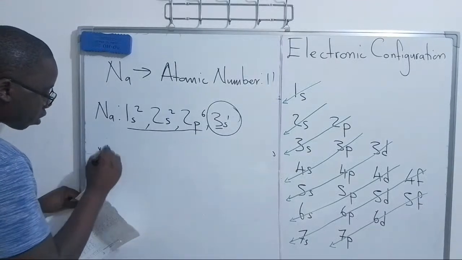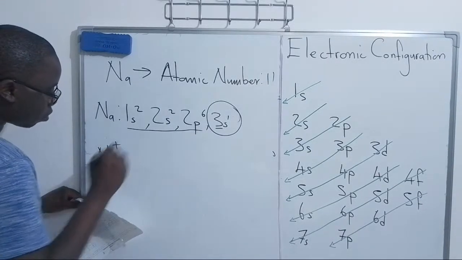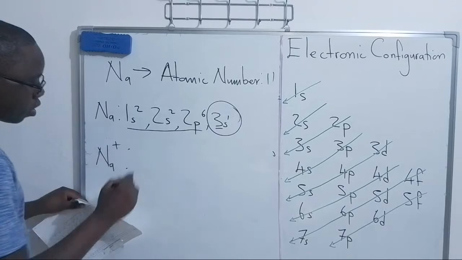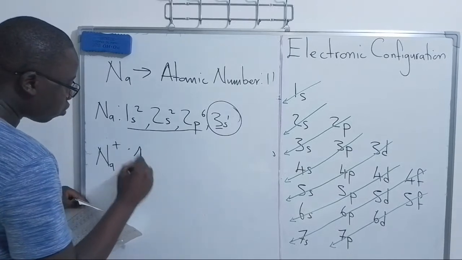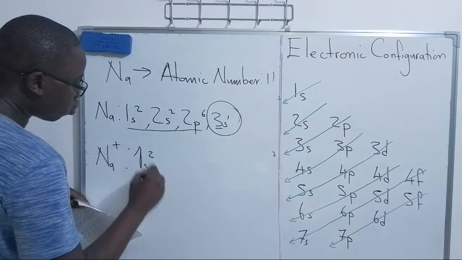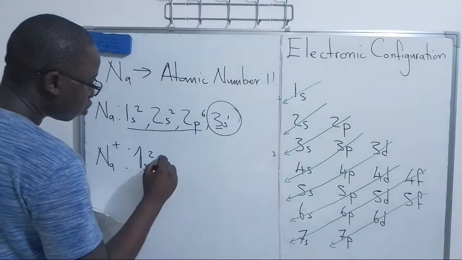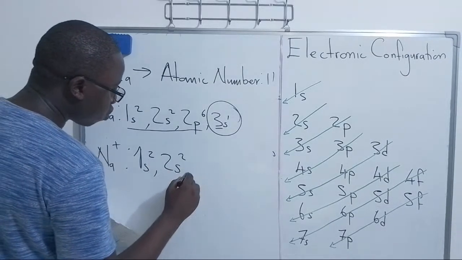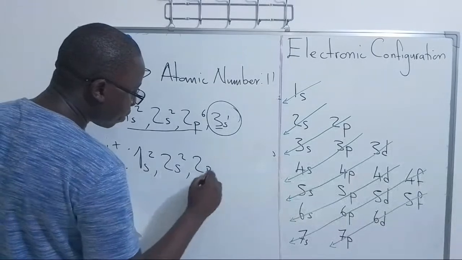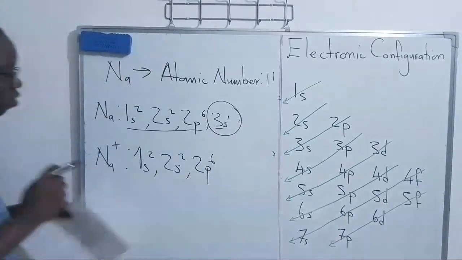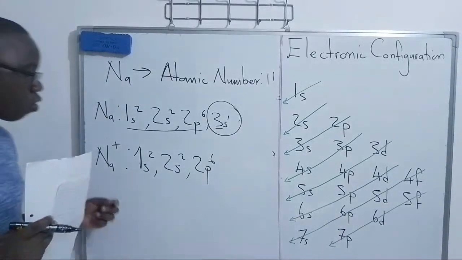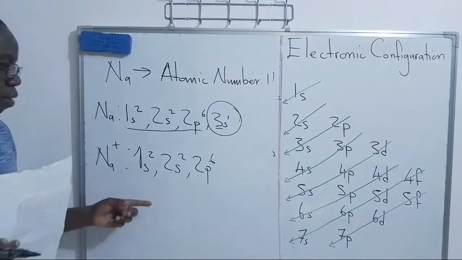So it will make sodium ion, which will have a positive 1 charge. Then the electronic configuration will be 1s2, then 2s2, and 2p6. So this is the electronic configuration of sodium ion.